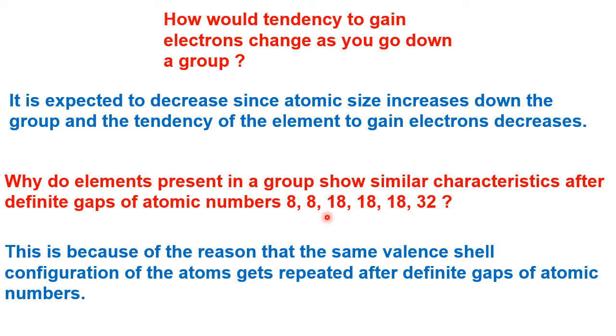After a certain gap, the properties are repeating. This was told by Mendeleev, and this was carried out by the modern scientists. So after a certain gap, if you arrange elements in increasing atomic number and group similar elements, the property repeats. This is called what? Periodicity of elements. So this is one point.